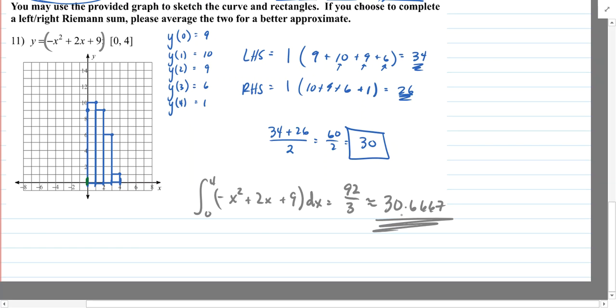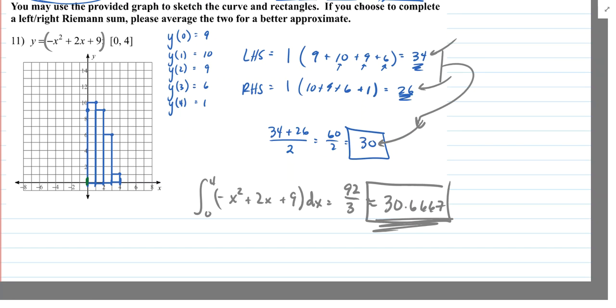And so if that's our exact answer, I would say that this was a pretty good approximation. 34 was okay, 26 was okay, but you can see how far off from the actual answer they actually were. But when computing the average of them, well, the average ended up being very, very close.